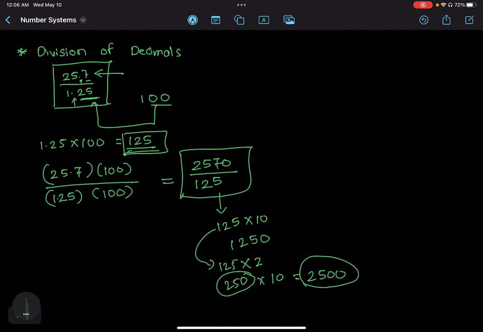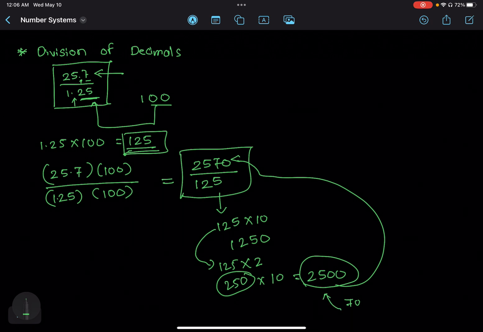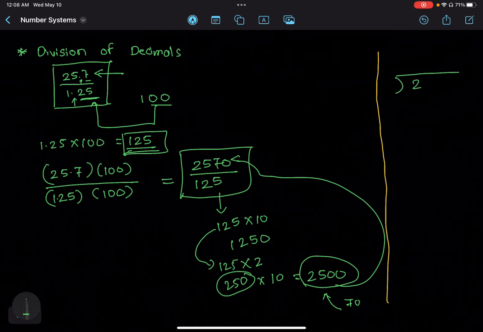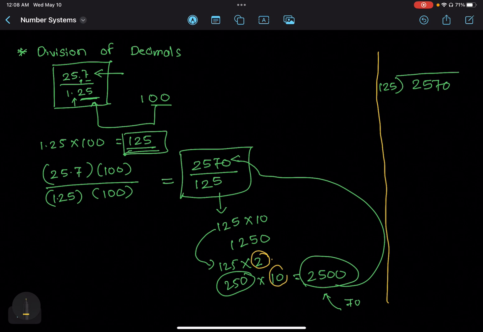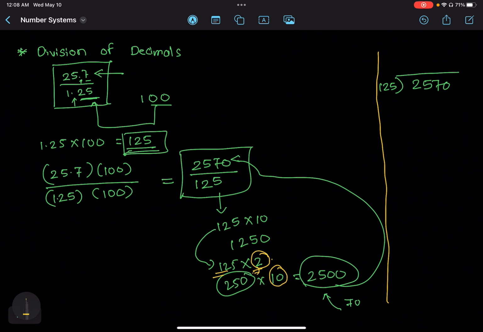And when I see 2500, I come back and look at this numerator, which is 70 more than 2500. So from my experience, I can say 2570, when we have to divide it by 125, we already have 2 and 10, so 125 multiplied by 2 gives us 250, and 250 multiplied by 10 gives us 2500.